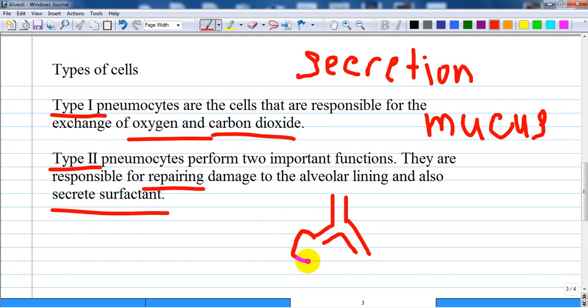For example, if this alveolus is small and the second one adjacent is big, surfactant permits the pressure to be the same between these two alveoli, whereas without surfactant the pressure here would be higher and it would tend to collapse.